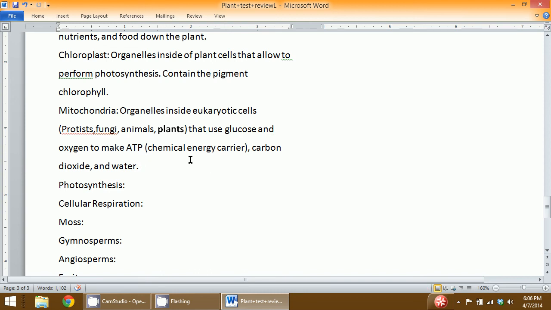Okay, I'm sorry. At some point, I switched from the definition of mitochondria to the definition of cellular respiration. The mitochondria perform cellular respiration, which is this process, the use of glucose and oxygen to make ATP, carbon dioxide, and water.